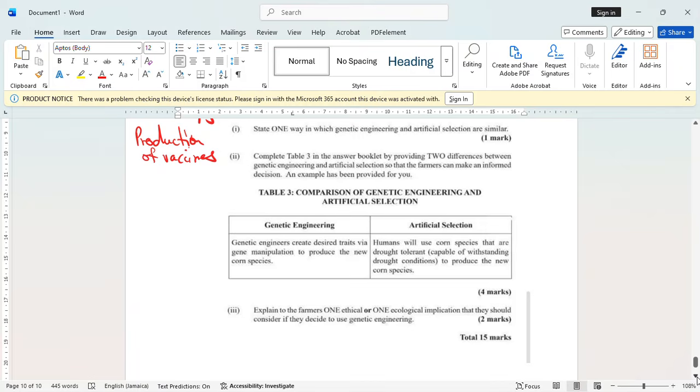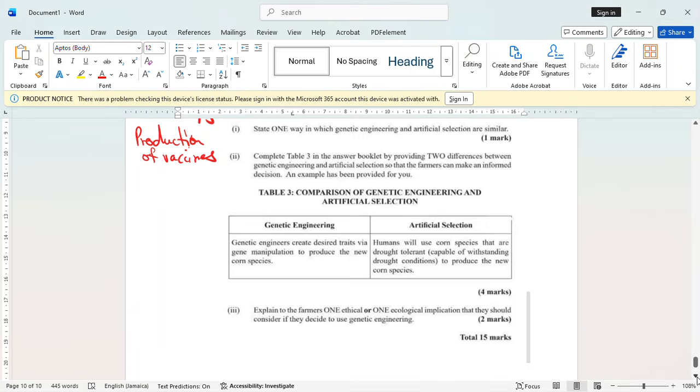Complete table 3 in the answer booklet by providing two differences between genetic engineering and artificial selection so that the farmers can make an informed decision. An example has been provided for you.